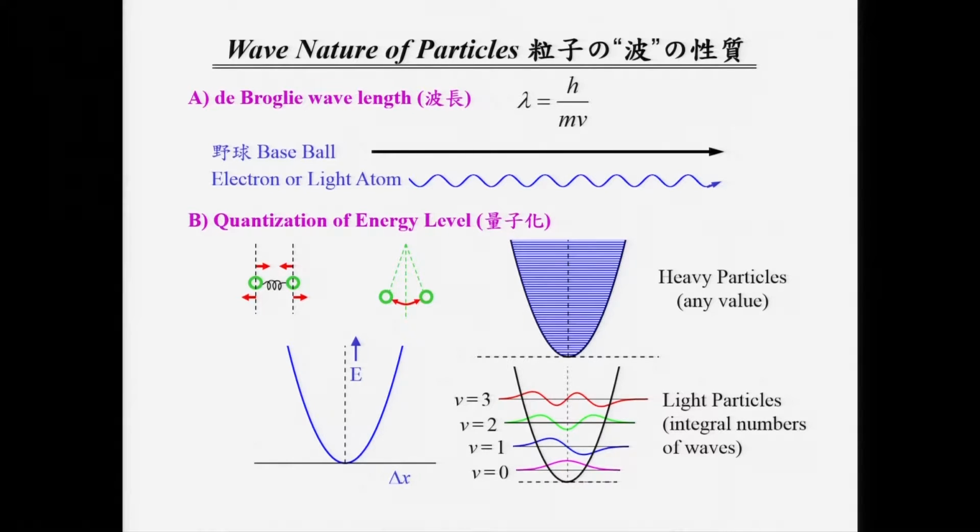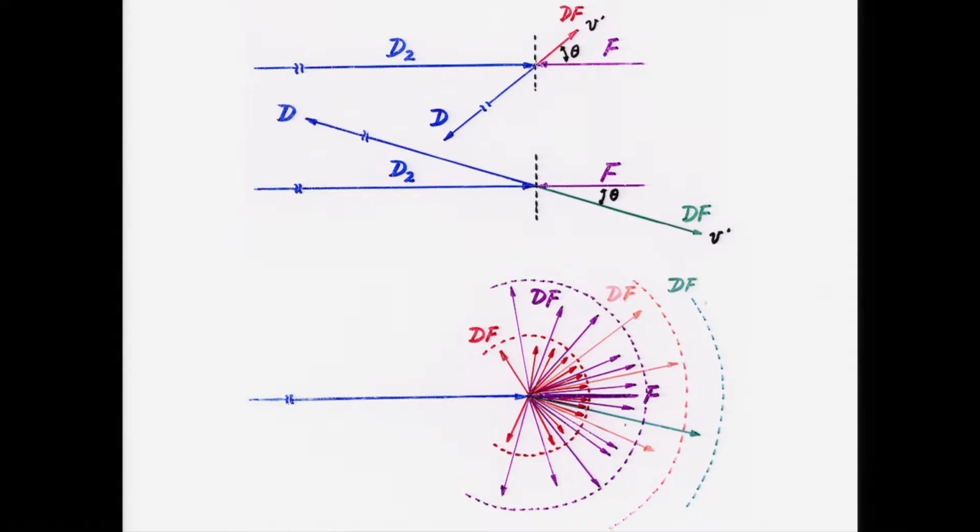But if you have a light particle, the wave has to be an integer because of its wave nature, so the energy level will be quantized. The reason why energy level is quantized is because of the wave nature of the particle in a finite space, the quantum number should be integers. So when the chemical reaction takes place, energy going to vibrational will be quantized.